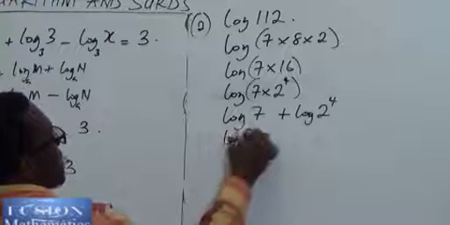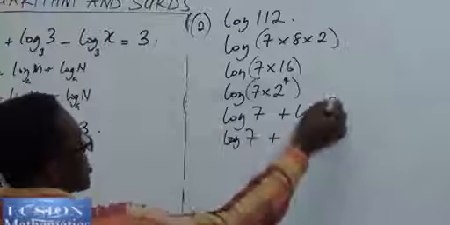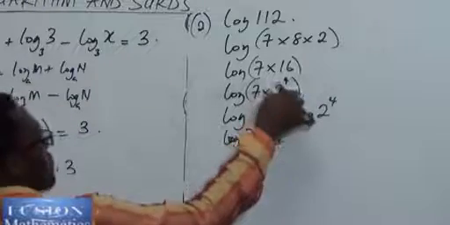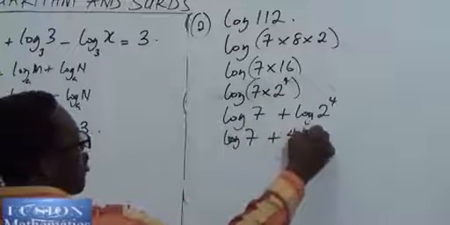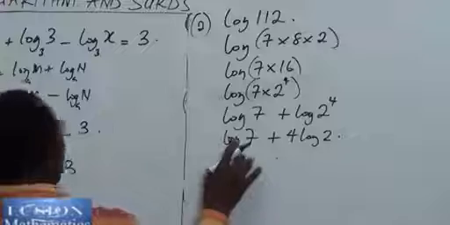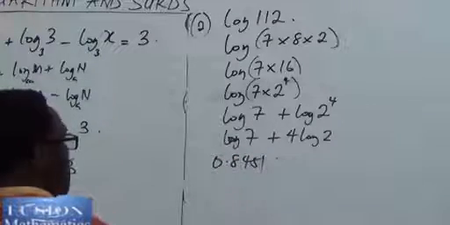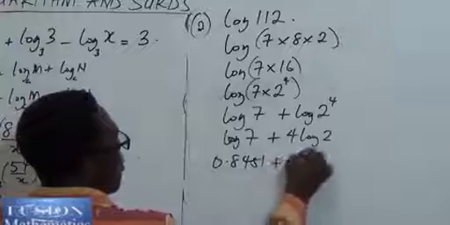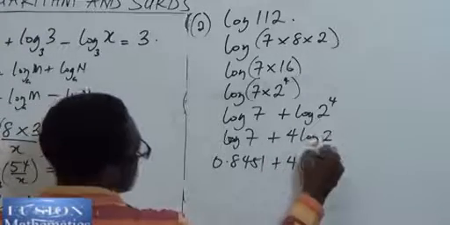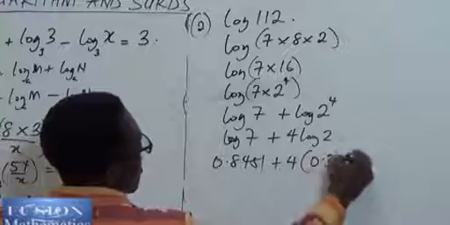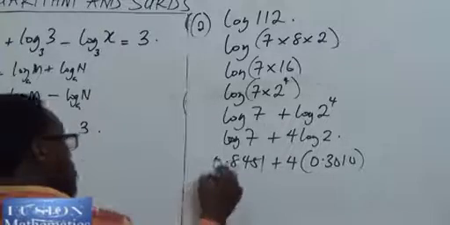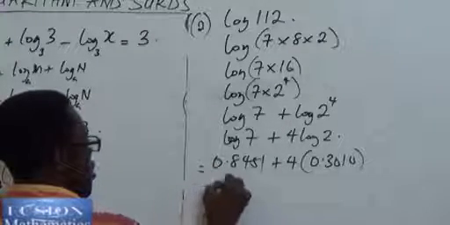We have log 7 plus this, by the third law, we bring the power to the front, so it will be 4 log 2. Log 7 from our question is 0.8451 plus 4 bracket log 2 is 0.3010.